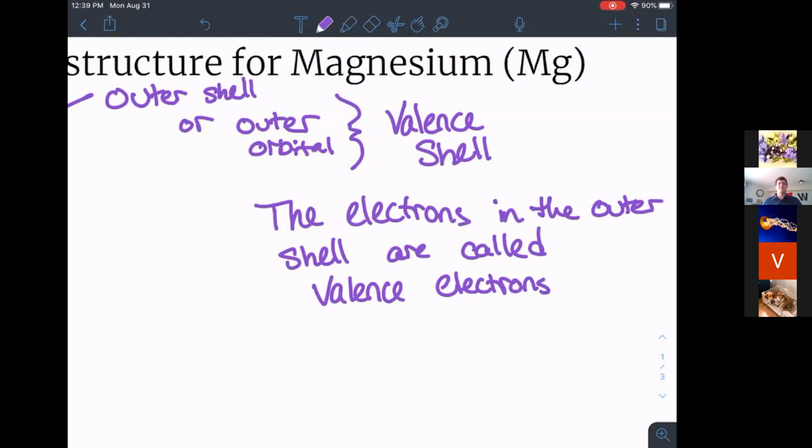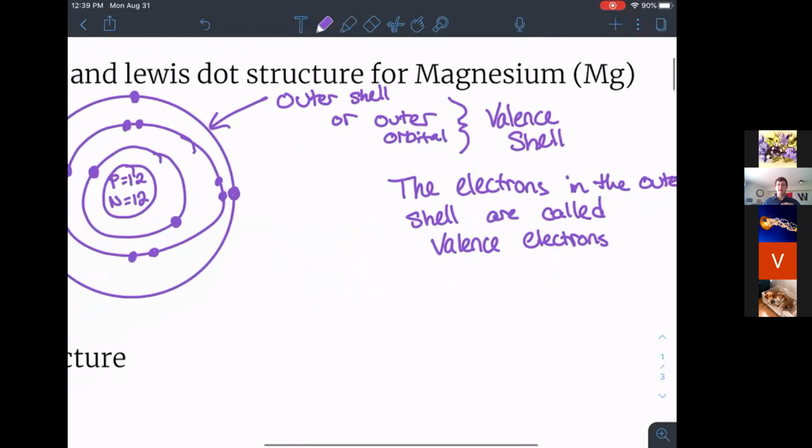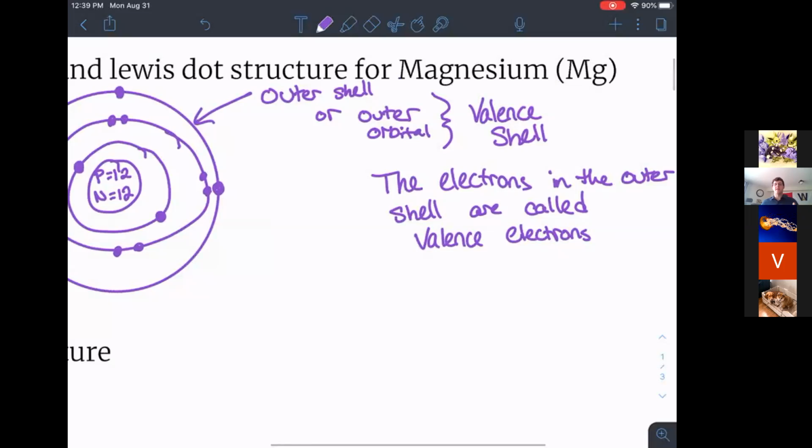And these electrons are probably the most important electrons on any atom, just because in later terms, we're going to figure out that they actually make the compounds. So they're the reason that compounds can be formed, or so that we can have different compounds, just like water and all those other good things. So for right now, we're just going to know that these outer electrons are called valence electrons, and they're the most important.